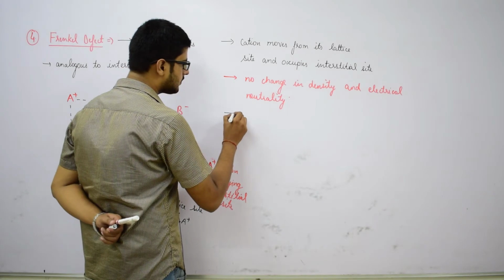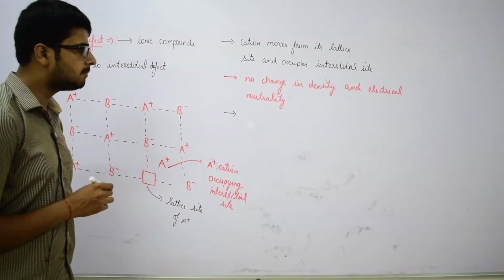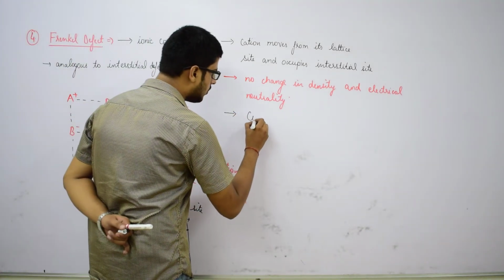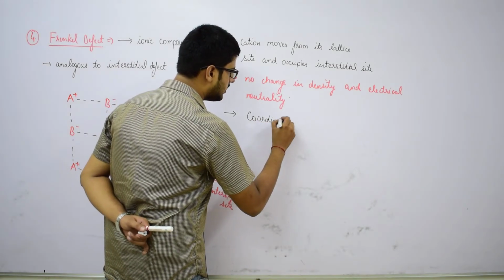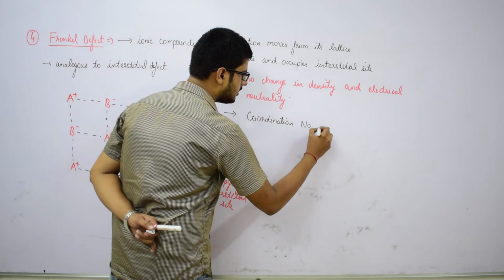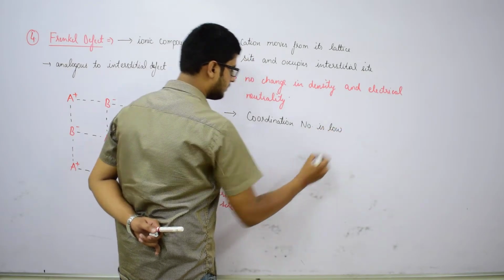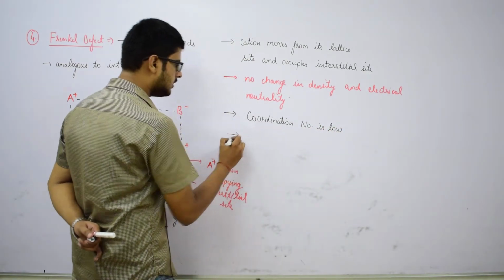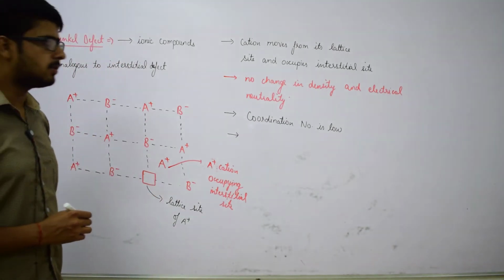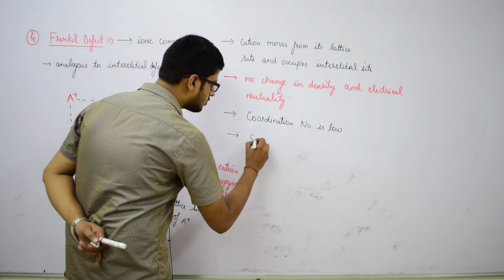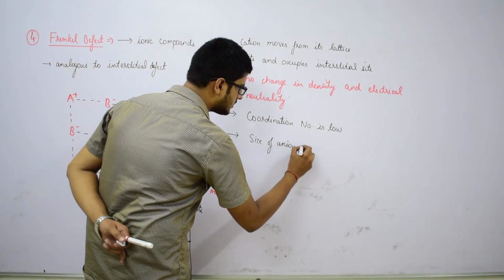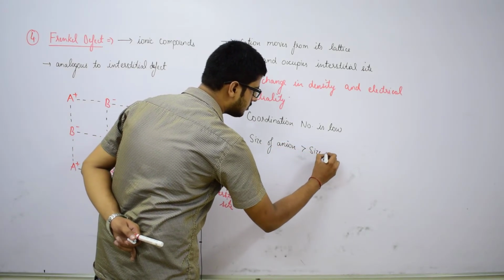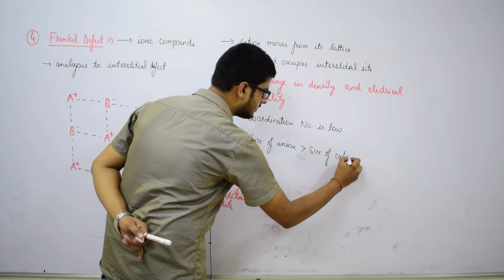Third point, it is found in those ionic compounds in which coordination number is low. Fourth point, it is found in those ionic compounds in which size of anion is greater than size of cation.